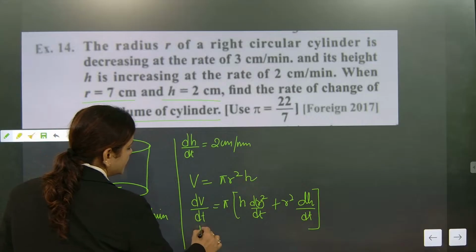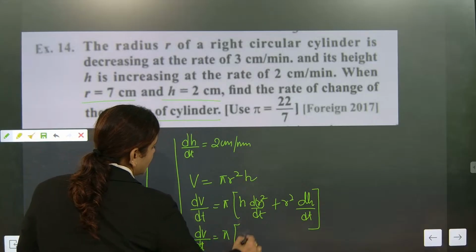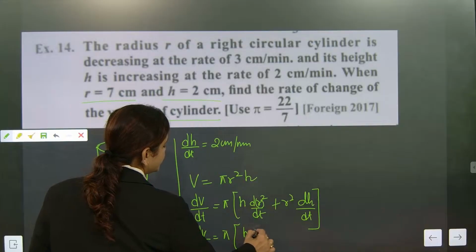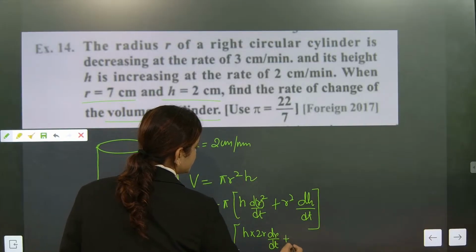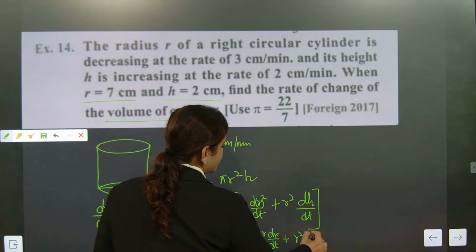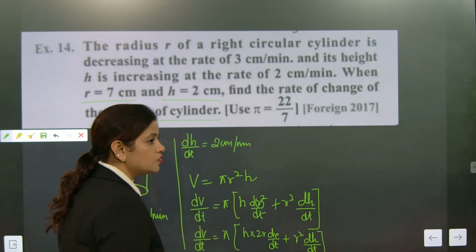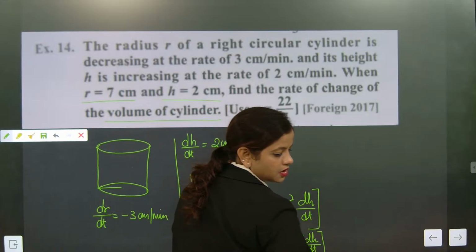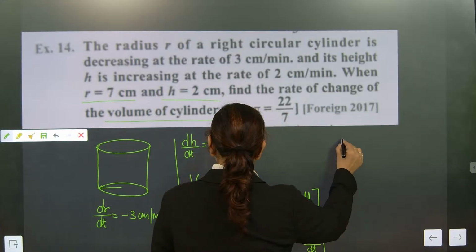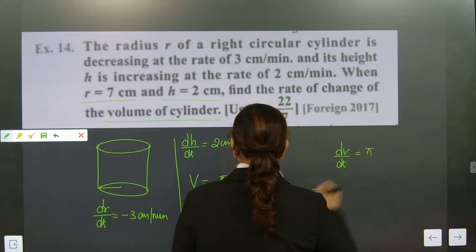So now dv by dt is equal to pi times h into 2r dr by dt plus r square dh by dt. Done? So once we have written till here, dv by dt is equal to pi will be as it is.